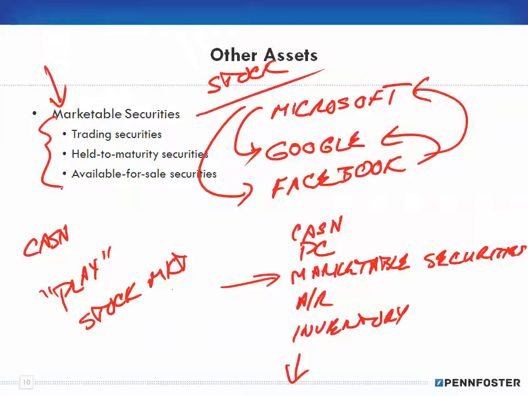That's all there really is to it. Go ahead and read the textbook, but just be aware that companies do buy and sell other companies' stock, and they have to keep track of it, and they're trying to make a profit off of it. So that's all there really is to this.